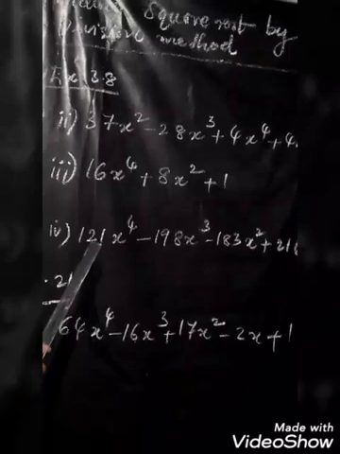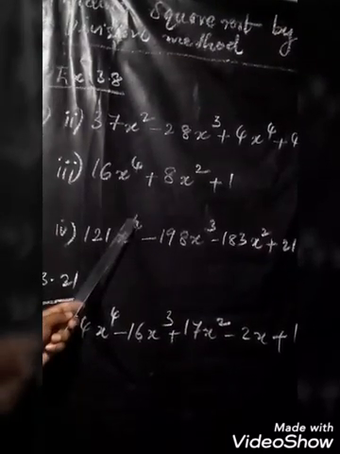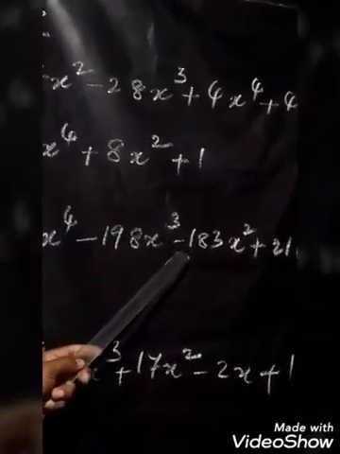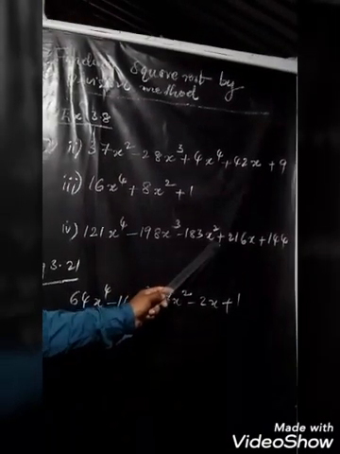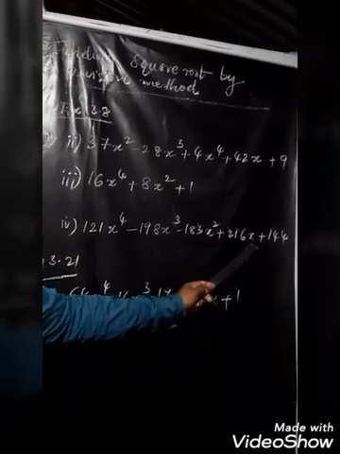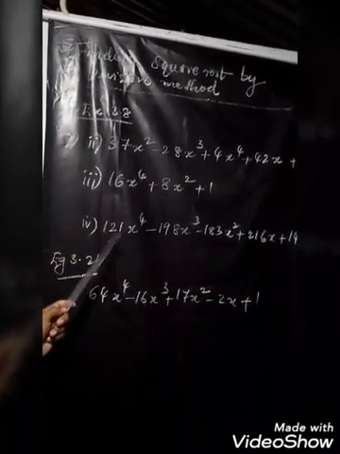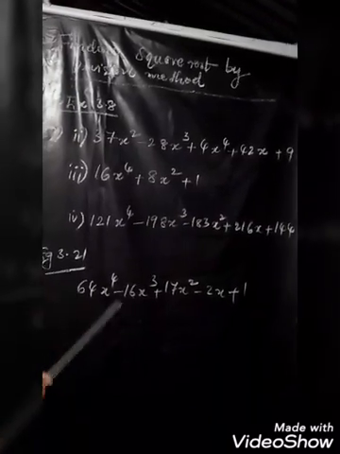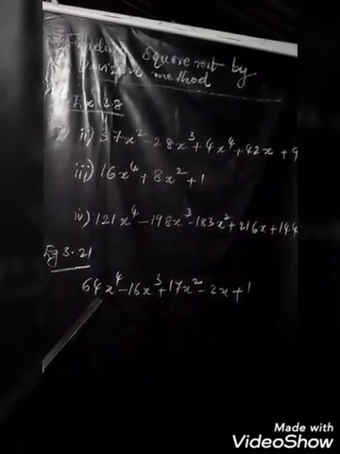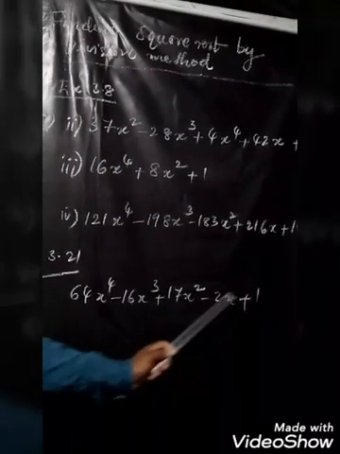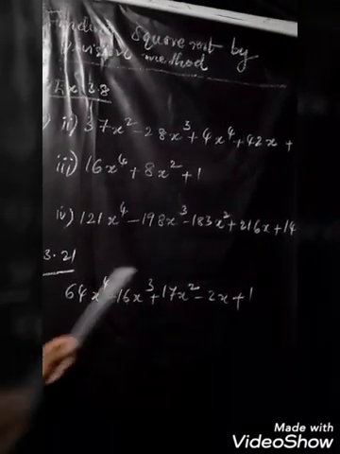Okay, then 121x power 4 minus 198x cube minus 183x square plus 216x plus 144. Here you can start with 4x square. Here you can start with 11x square. In this case you can start with 8x square. Okay. So in all these sums the powers are in descending order only, no problem.